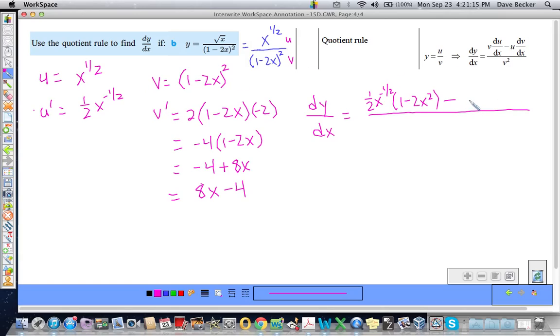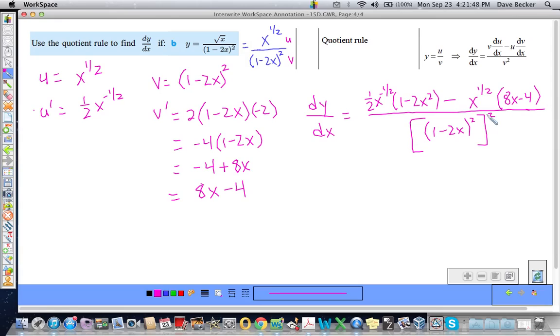Well, it's x to the 1/2 multiplied by the derivative of v, which I took all the way to 8x minus 4. I didn't necessarily have to do it, but the simplification was so easy, I just felt like I had to. And all over v squared. So v is (1 minus 2x) squared, squared.